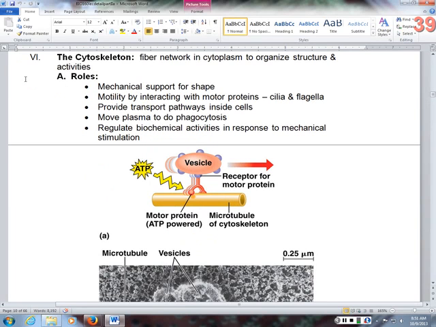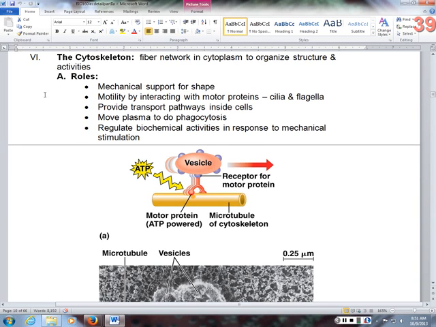So your cytoskeleton, this is a fiber network in the cytoplasm. This helps to organize the structures and activities in the cell. It's going to provide mechanical support for the shape. So your cells, while they look like they're just little jelly blobs, they're not.